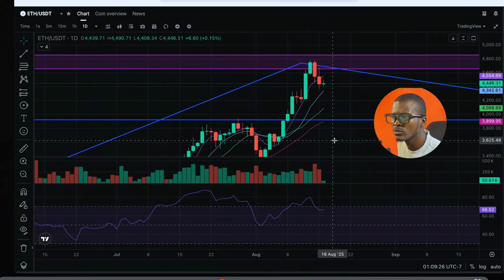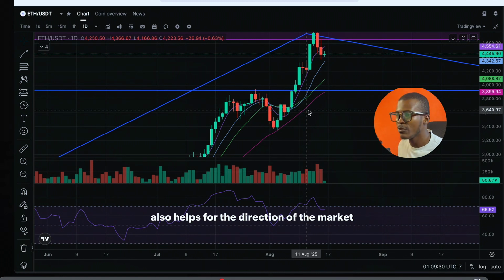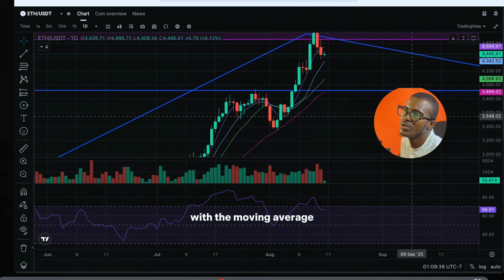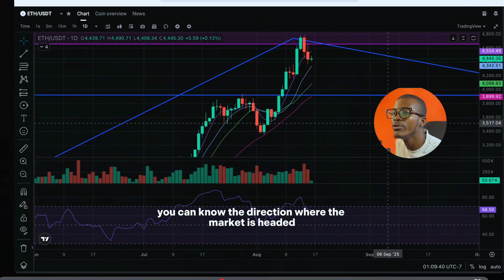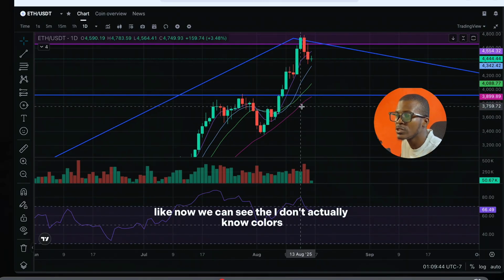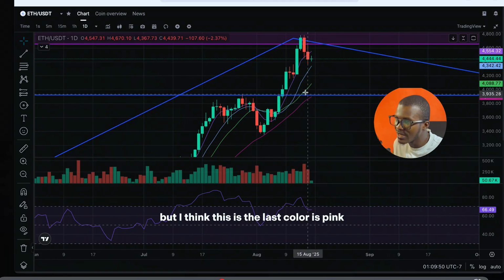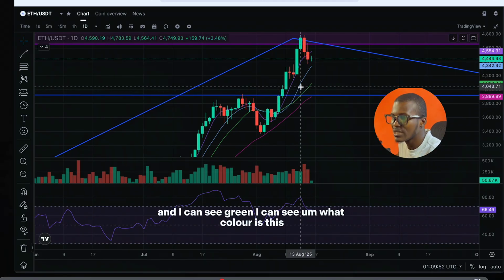Now this moving average also helps with the direction of the market. If you don't know what is happening in the market, with the moving average you can know the direction the market is headed. We can see four colors here, I think the last color is pink, and I can see green.